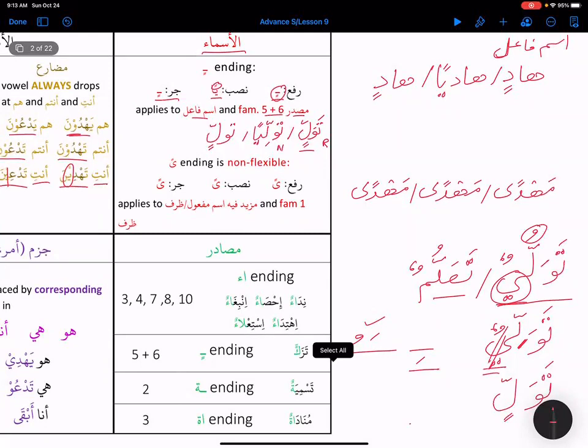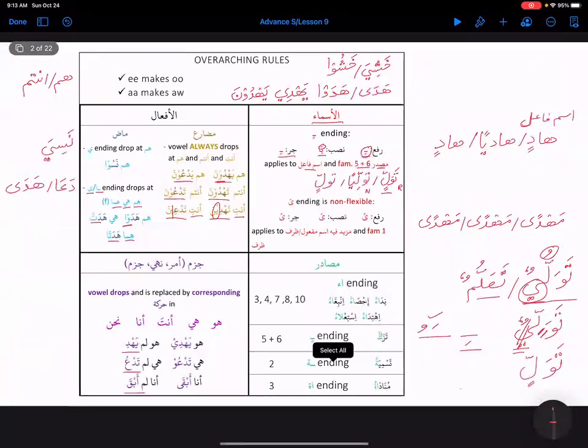And when we drop this ya, to compensate for that, we need to give this lam another haraka, so that this is how it becomes tawallin. So tawallin and tawalliyan and tawallin.